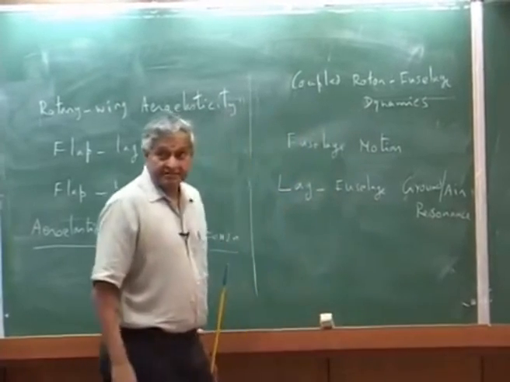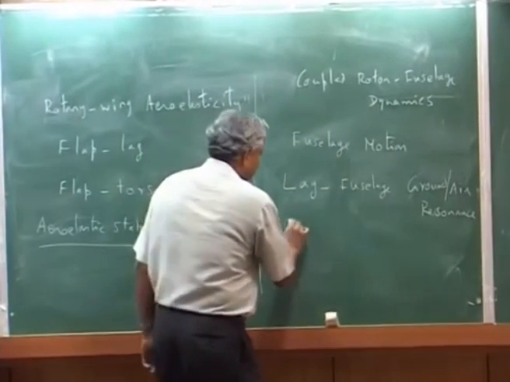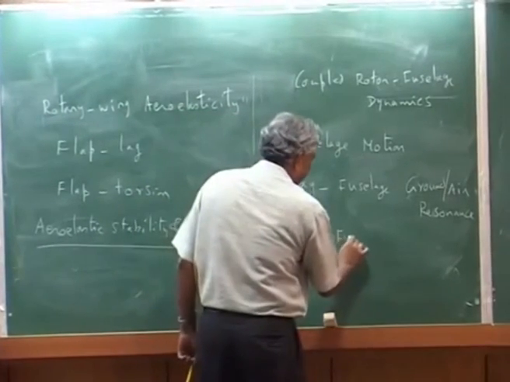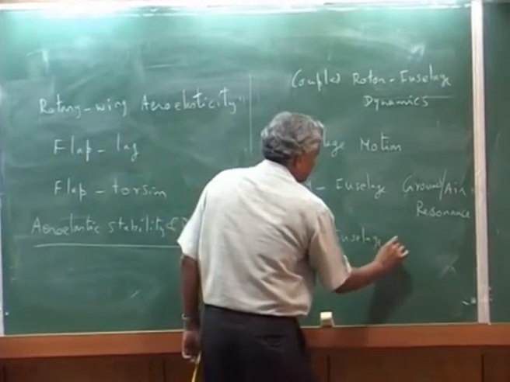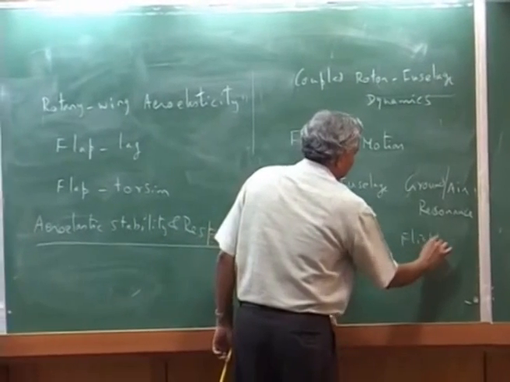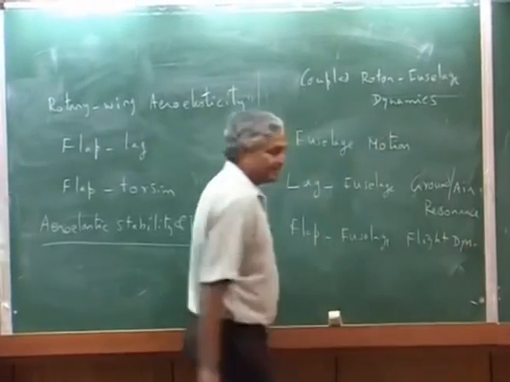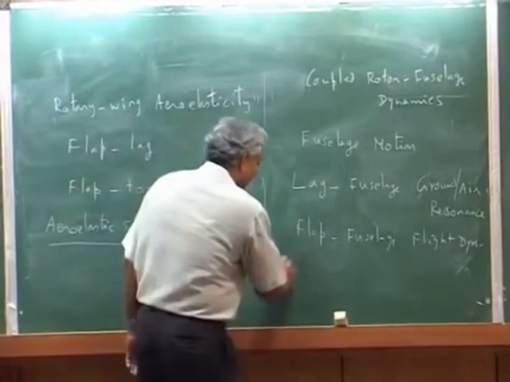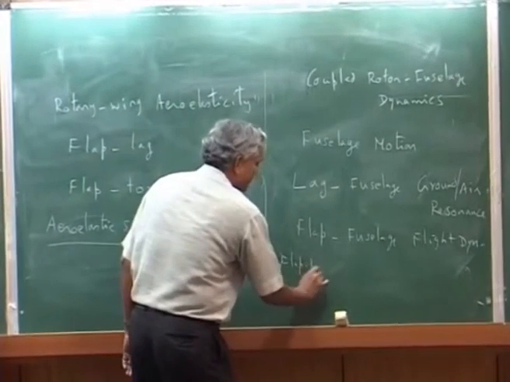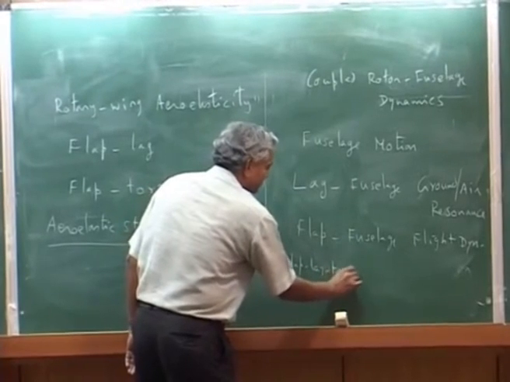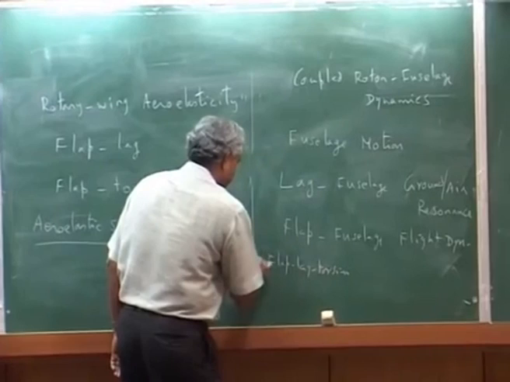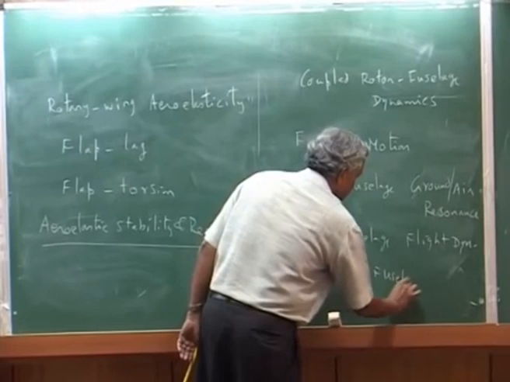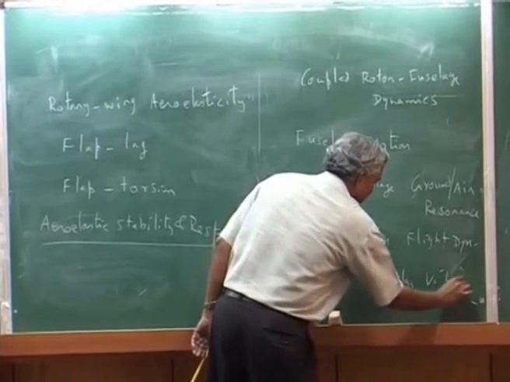And then flap, this is a gross approximation, flap and fuselage. This is flight dynamics. Usually that is what is done. But if you want vibration, then you have to have flap, lag, torsion, axial, everything. You can put axial also, and then fuselage. This is vibration.